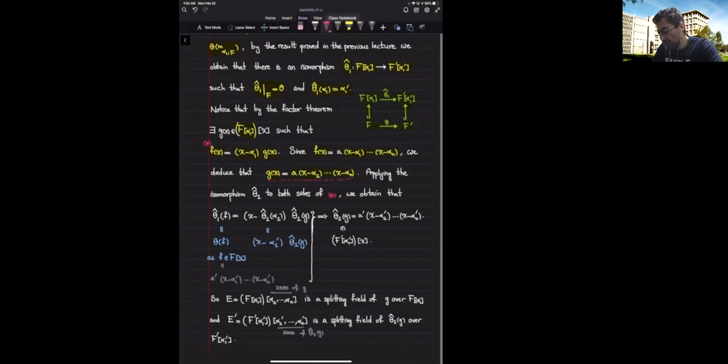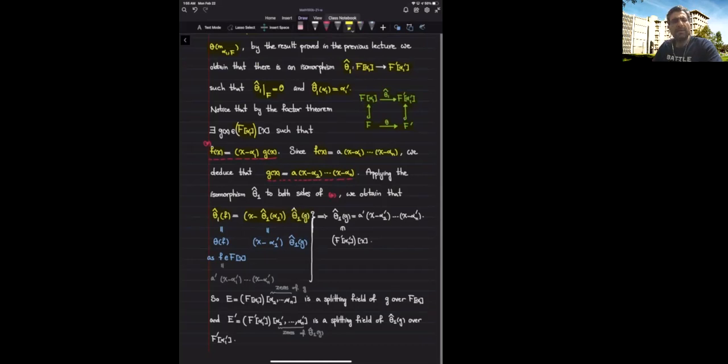Applying theta 1 hat to both sides, we get that theta 1 hat applied to f is the same as theta 1 hat applied to the first parentheses, this linear factor, which is x minus theta 1 hat applied to alpha 1, times theta 1 hat applied to g.